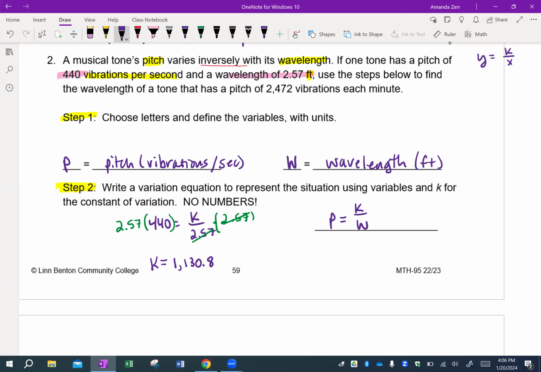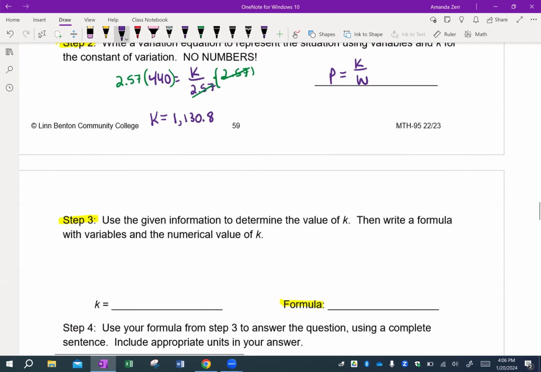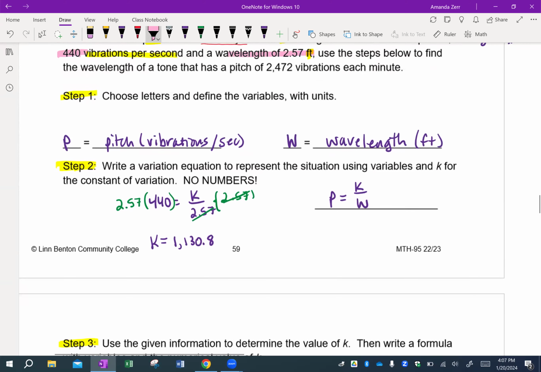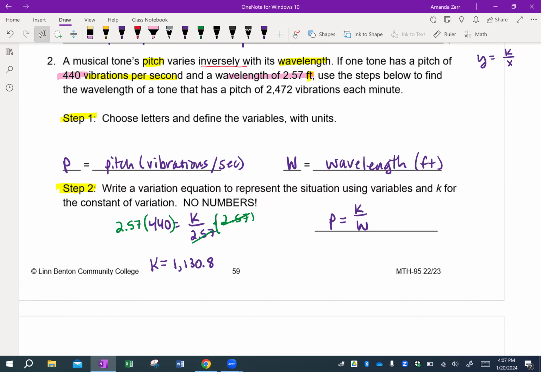It's kind of a weird unit. And our formula now is P is equal to that k divided by the wavelength.